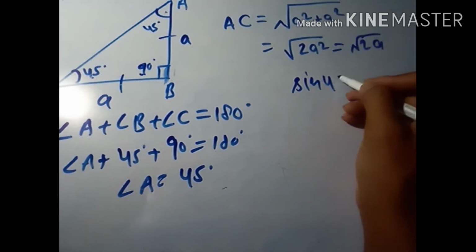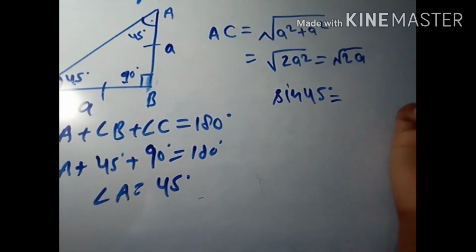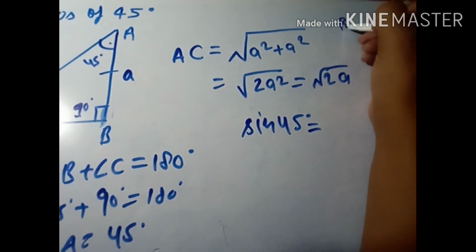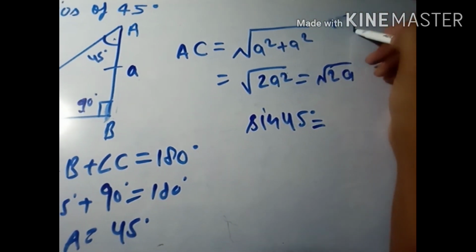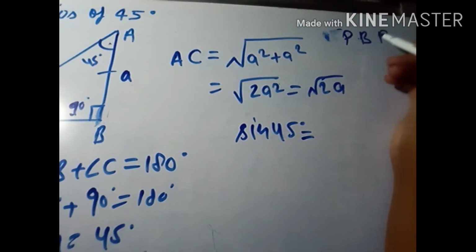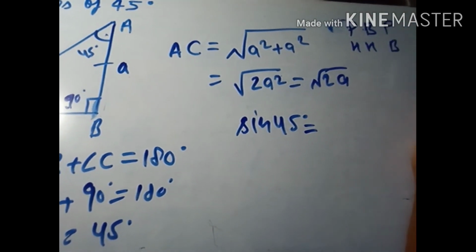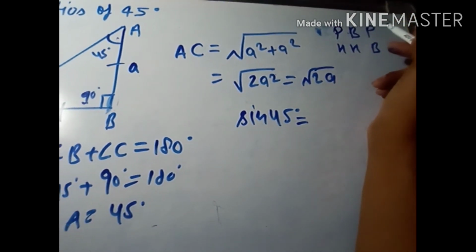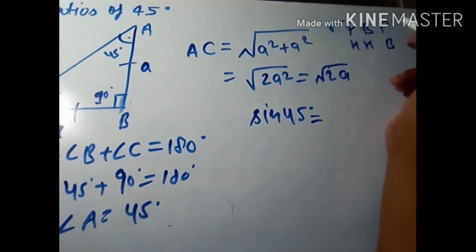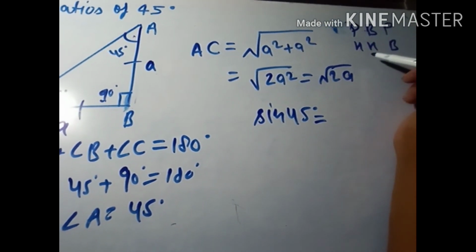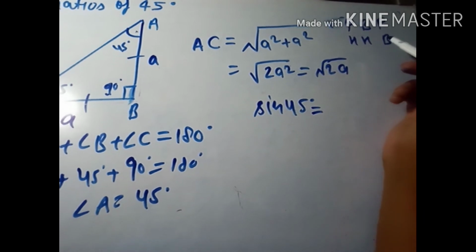Sine 45 is equal to... I am writing it again and again so that you are familiar with this funda and there will be no time issue to write it. Understand?